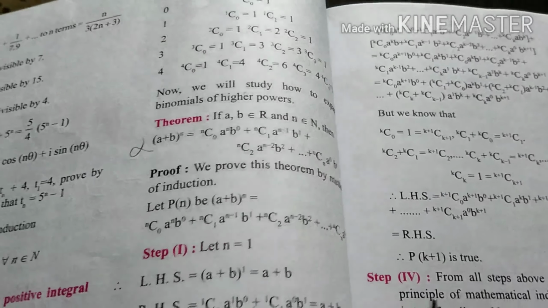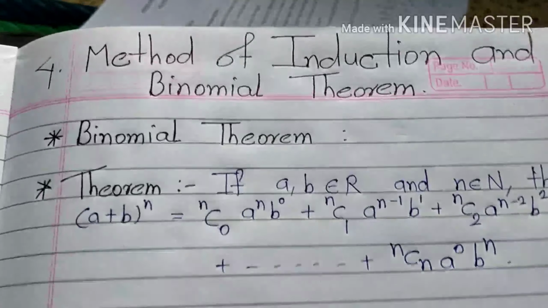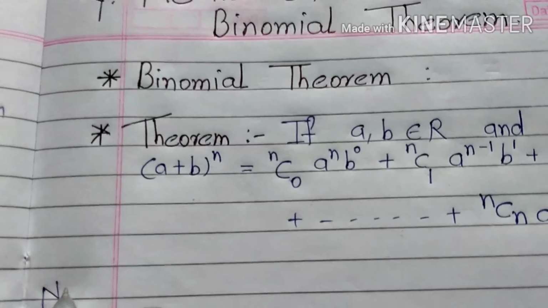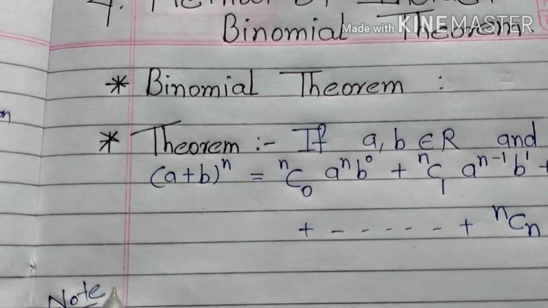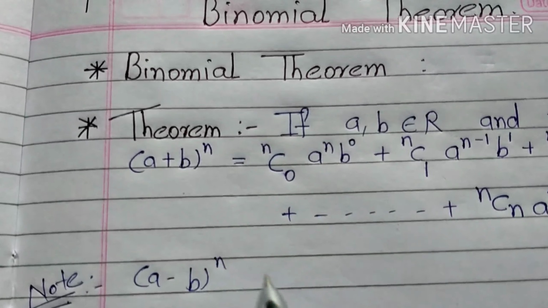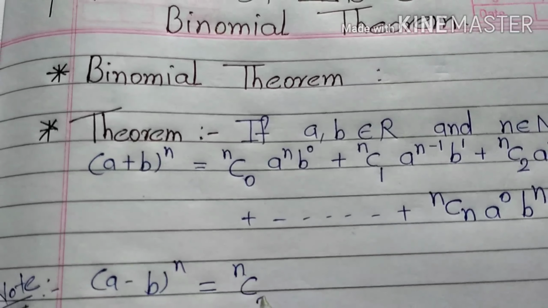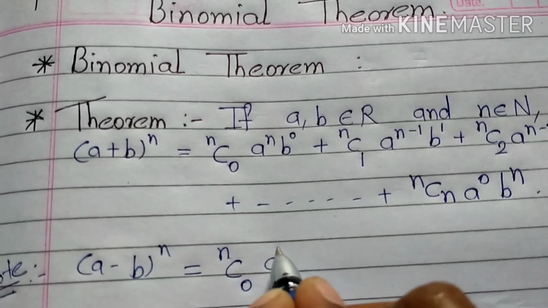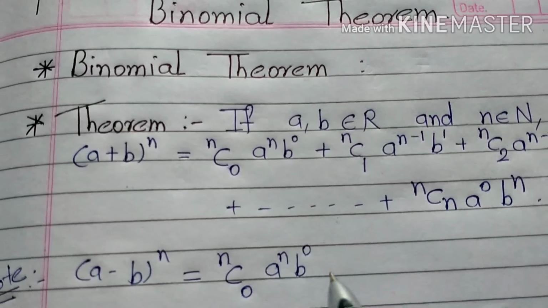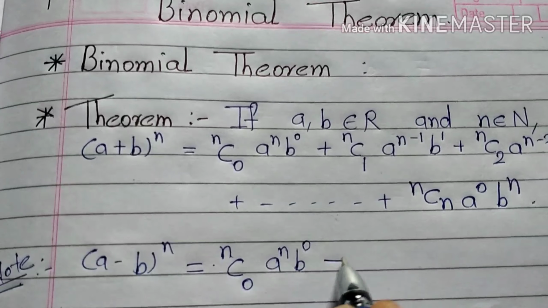Also we have a minus b raised to n. So take note, a minus b raised to n is equal to, so the formula will become same, but the sign will become alternate. So first plus then minus.